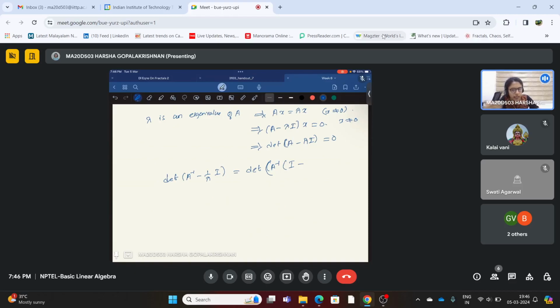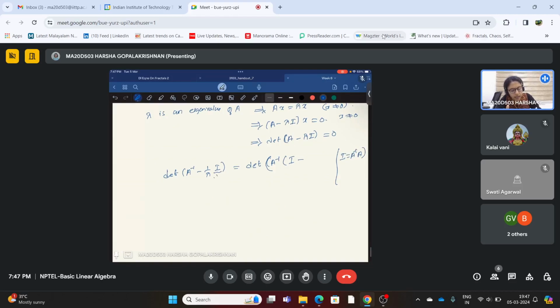I am taking A inverse outside from 1 by lambda I. What is this? This I can be written as A inverse A. Let me write it as one step then.